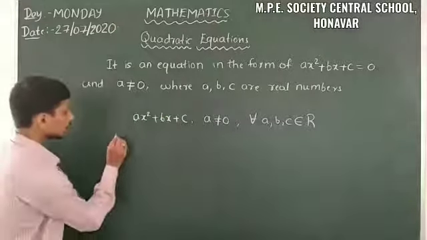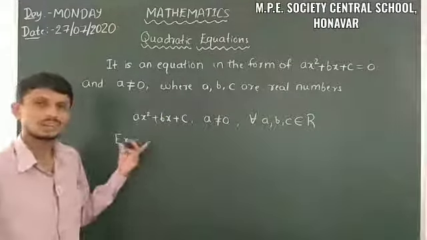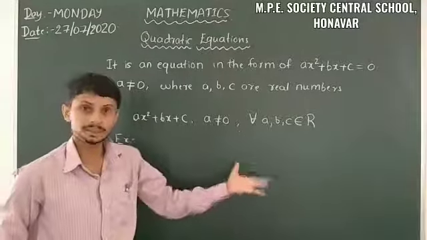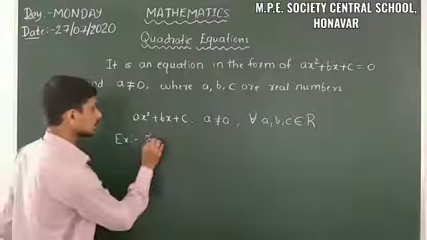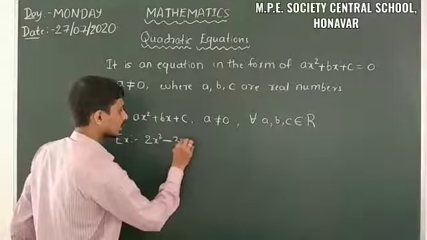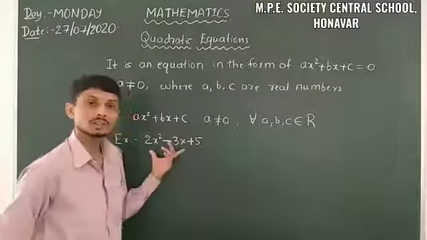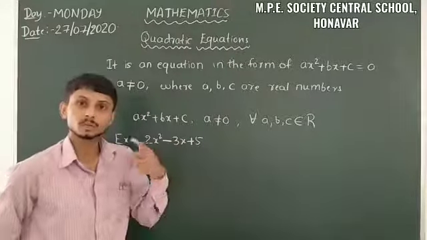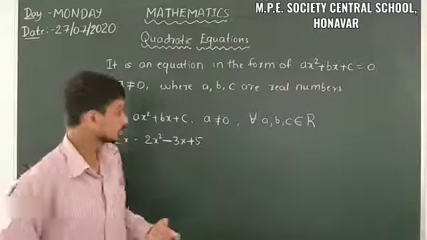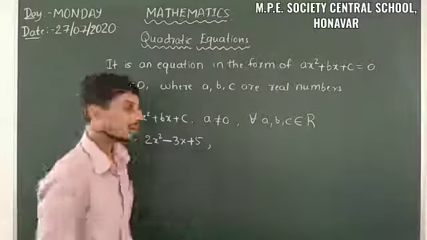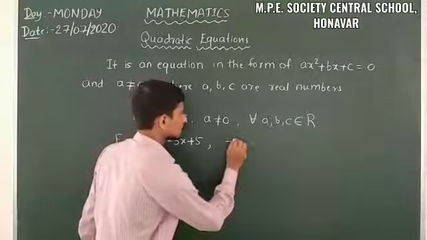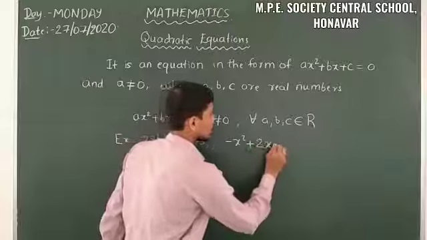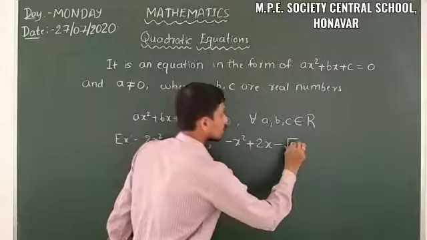So let us take some examples. Take any example by inserting values of a, b, c here. I will write 2x square minus 3x plus 5. This is also a quadratic equation, as the degree of the polynomial is 2. Again, insert another value: minus x square plus 2x minus root 3.